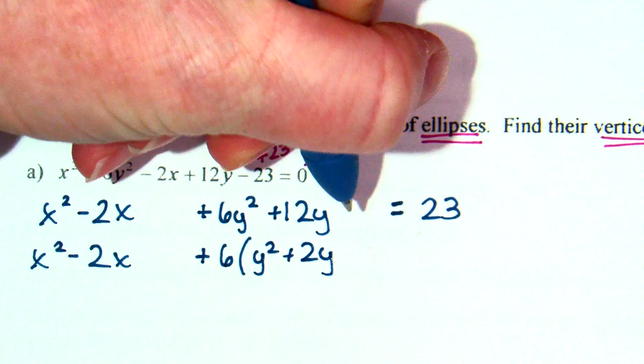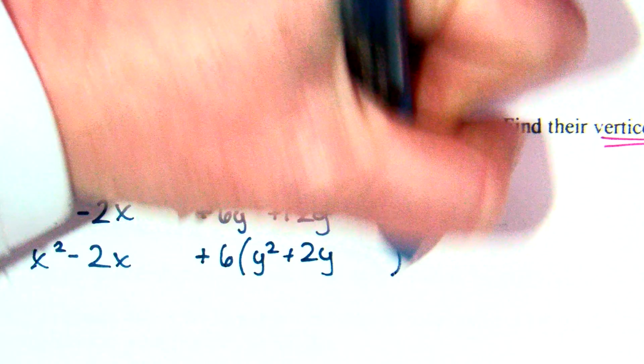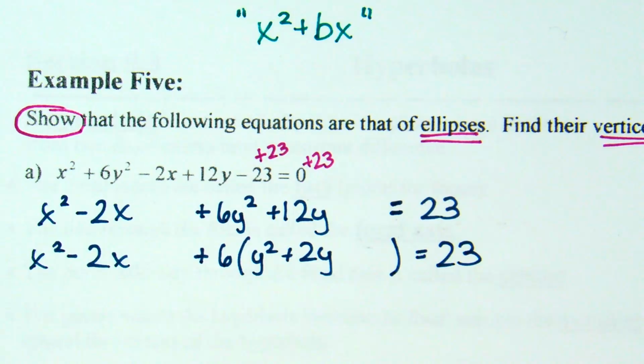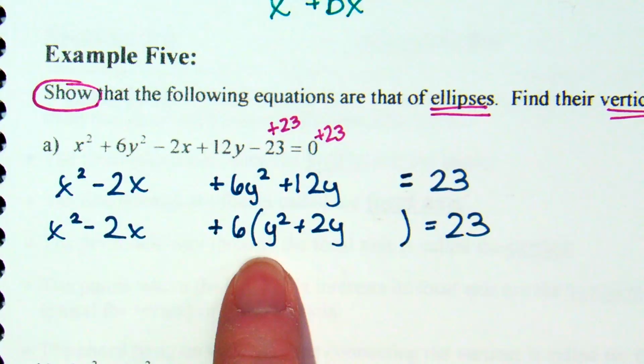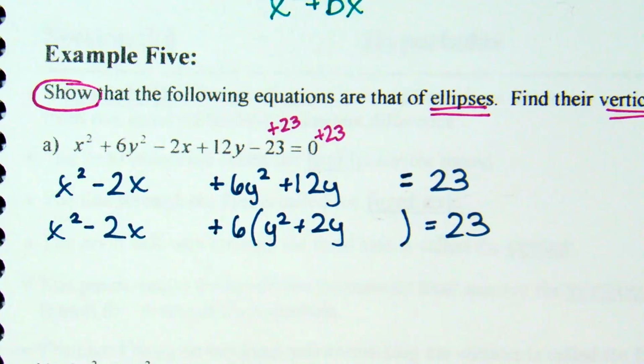We're still going to leave a gap, and then I'm going to end my parentheses, and then I'm still going to say equals 23. So I factored out a 6 out of my y terms so that I now have a 1y squared. Are we okay up to that point?